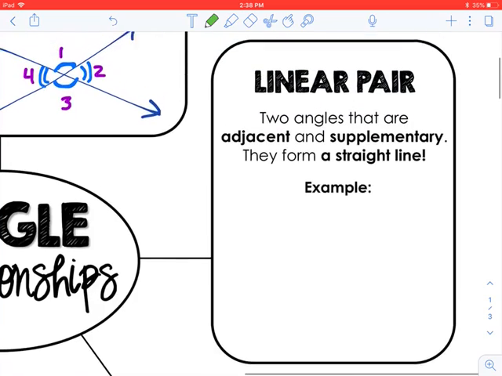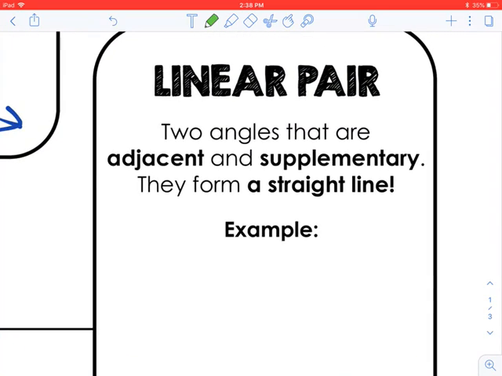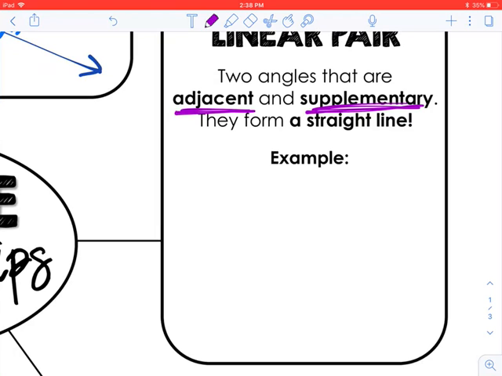And so, in that same breath, a linear pair is kind of the same as a supplementary angle, but they have to be next to each other. So two angles that are adjacent, so next to each other, and supplementary, they form a straight line. Okay, so it would be basically that same picture. Straight line, and you've got a line coming out from there.